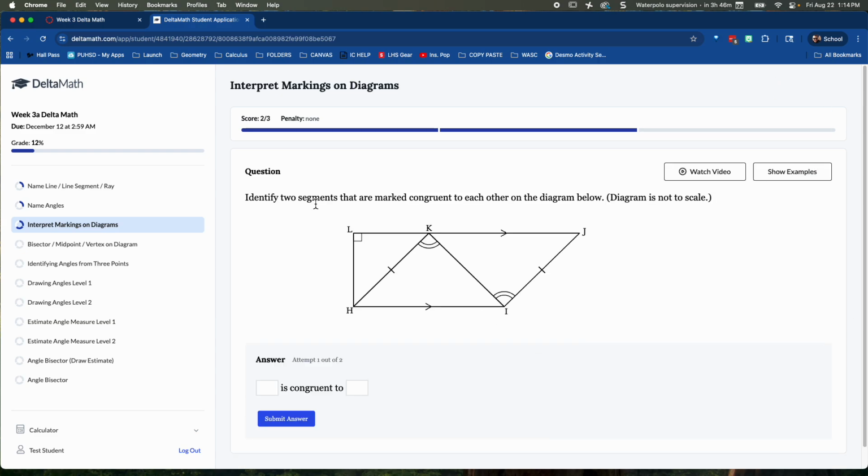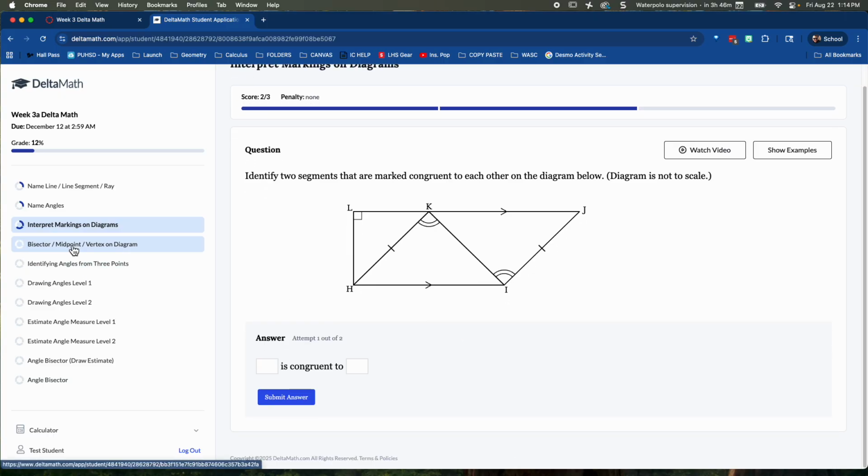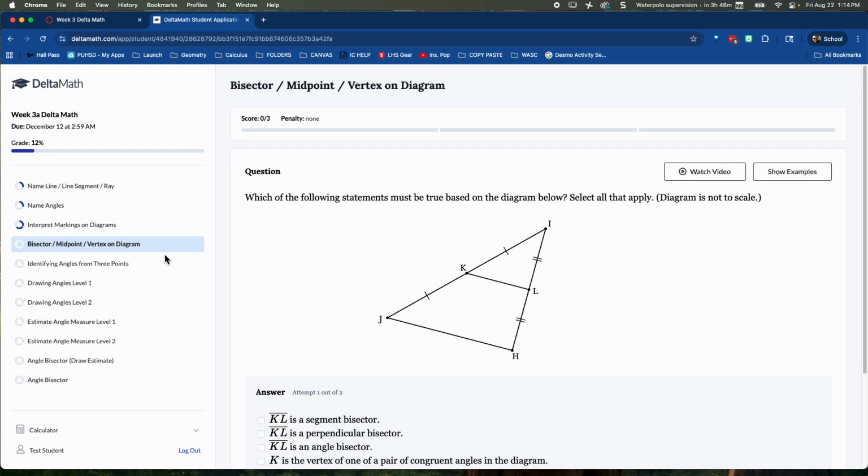Let's see if this last one says 2 things that are, we already did segments that are congruent, so we'll leave that alone. Bisectors. Ooh, okay, what's bisect? What's midpoint? What's vertex? So a vertex is when you have things that meet at a corner of any kind. So each of these points happens to be a vertex because it has more than one kind of line colliding into that corner.